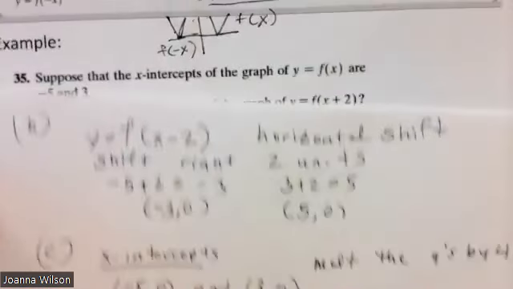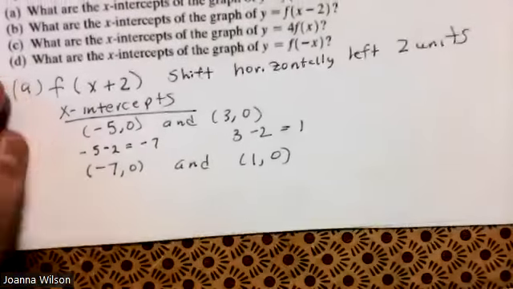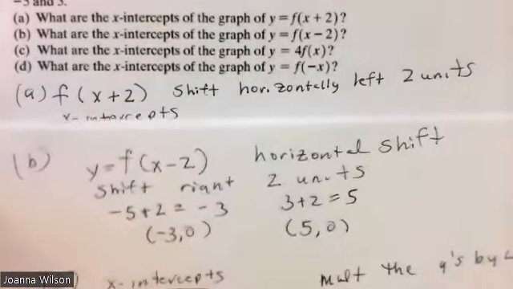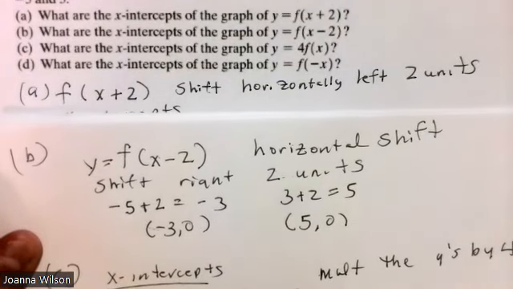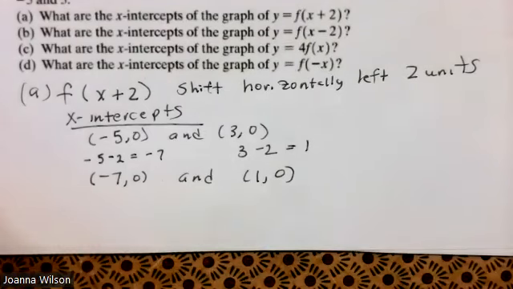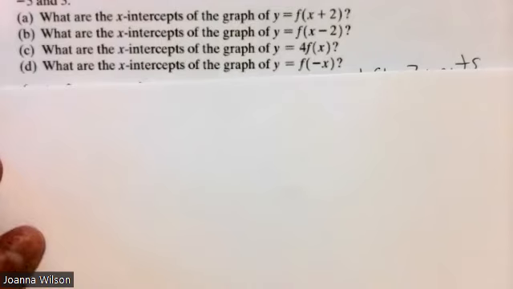And then the D part says, what are the x-intercepts of the graph of y equals f of -x? And now the negative is inside the grouping symbol. So let's see.